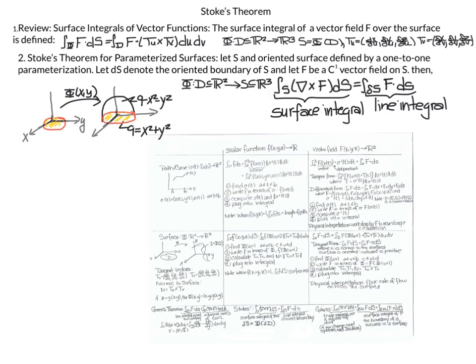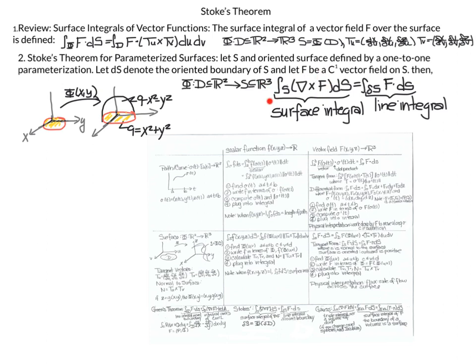A couple of other things I would like to point out. When you take the curl of a vector field, you get another vector field. Remember, the curl produces another vector field. So here, after you've taken the curl, you're still taking the surface integral of a vector field.